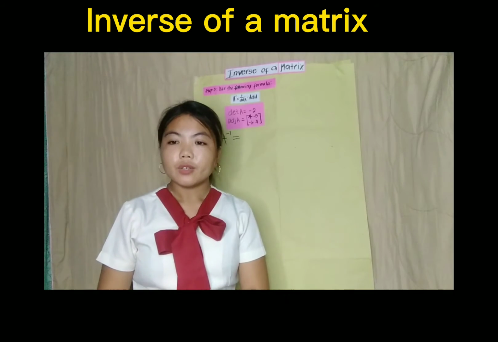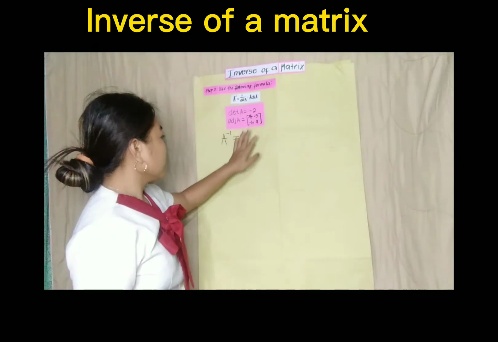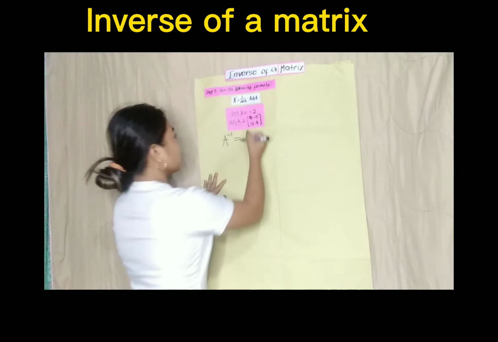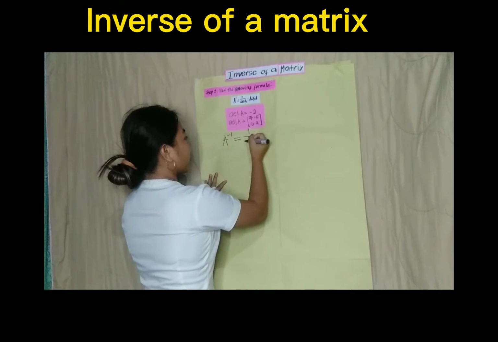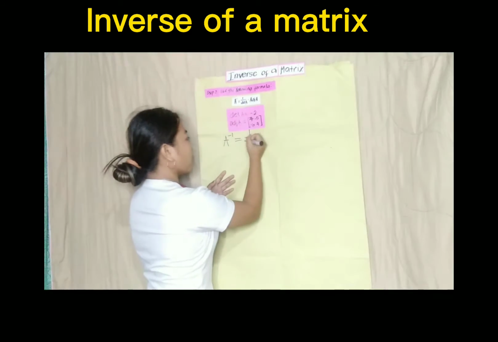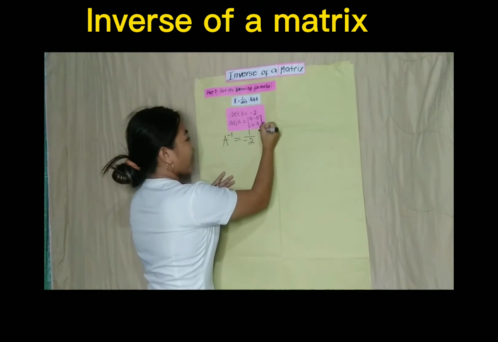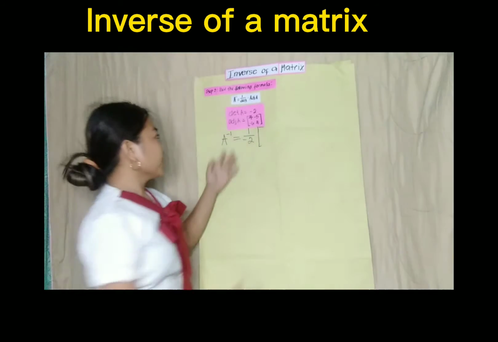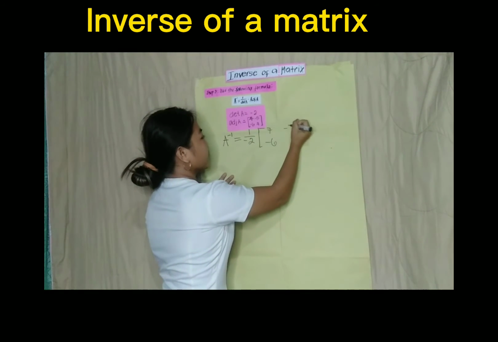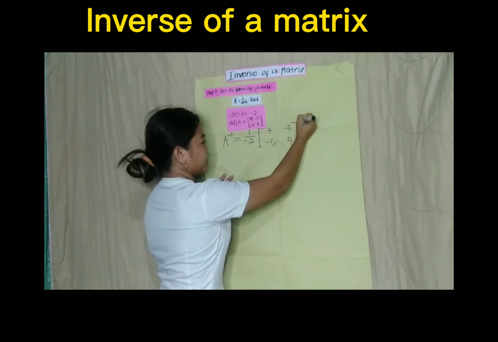So let's continue. We apply these values to our formula. A to the power of negative 1 is equal to 1 over our determinant A, which is negative 2, times our adjoint A, which is 7, negative 5, negative 6, and 4.